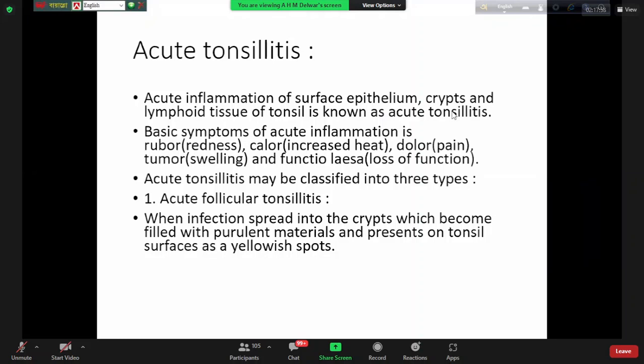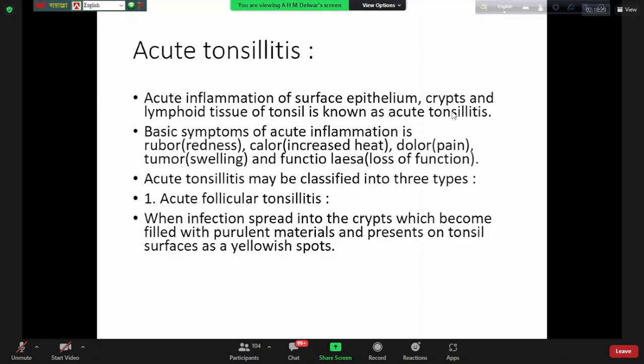There are 5 things: rubor, calor, dolor, tumor, and functio laesa. These are the 5 components of acute inflammation. So, acute inflammation of the tonsil is the inflammation of surface epithelium, crypts, and lymphoid tissue of the tonsil, known as acute tonsillitis.